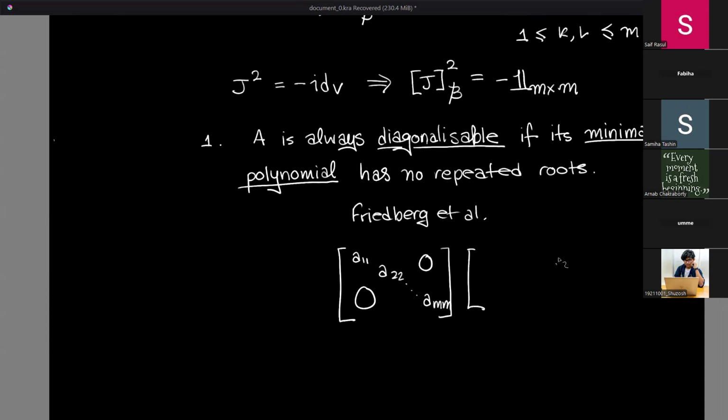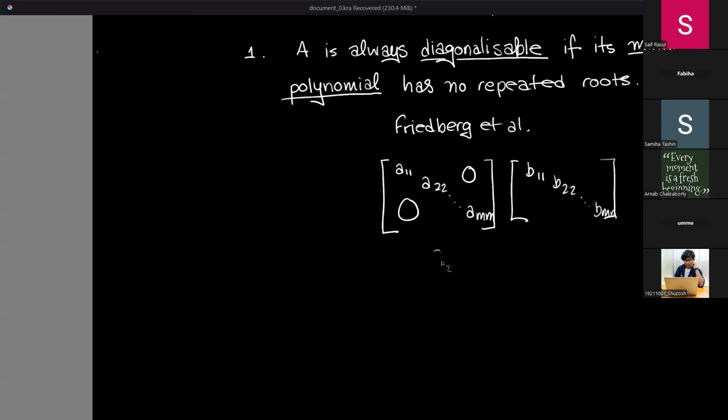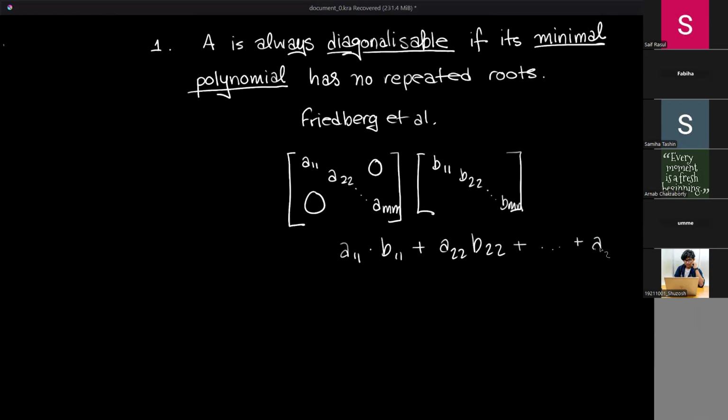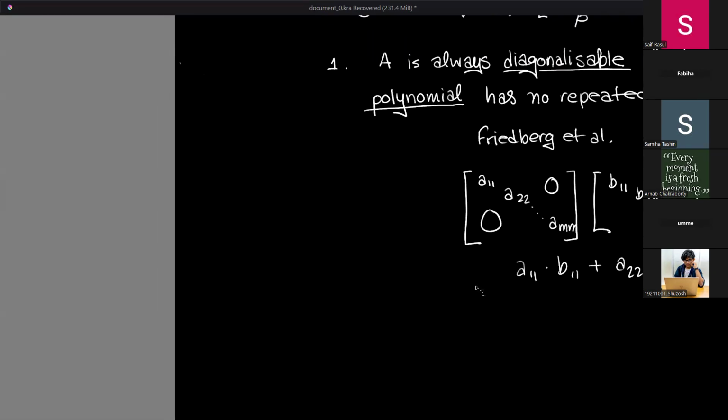If I have another matrix, then we can just take A11 times B11 plus A22 B22. It becomes much easier to reason about what the result of this matrix multiplication is going to be. So if this was A and this was B, then AB in this basis would be this.